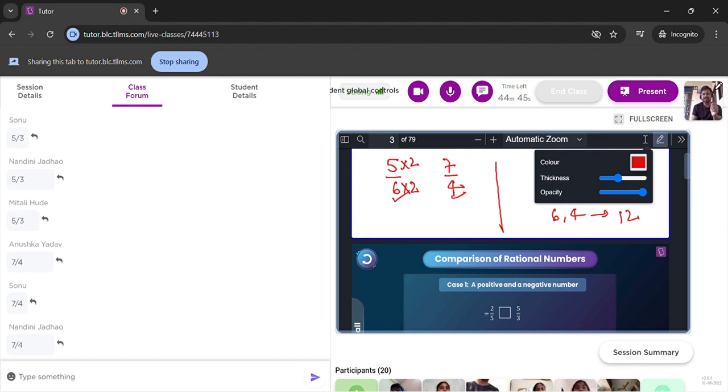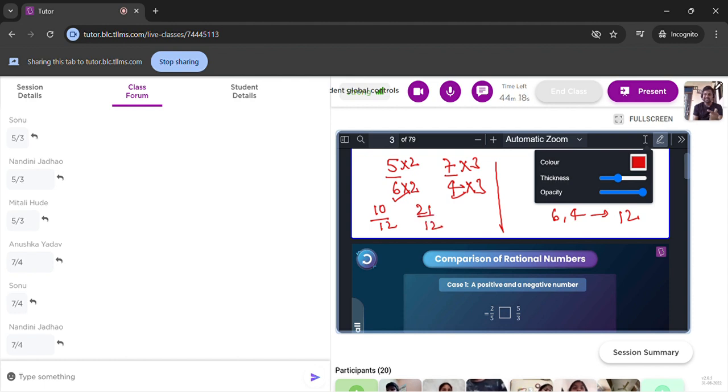In the similar way, how will you make this 4 into 12? This 4 will become 12 only when you multiply by 3. And if you are multiplying this one by 3, then you also have to multiply this one by 3. Okay, so in this way both denominators become the same, and we got the rational numbers 10 by 12 and 21 by 12.